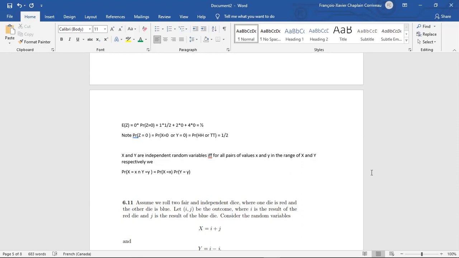So that's what we have to verify for every pair of values in the range of X and Y respectively.